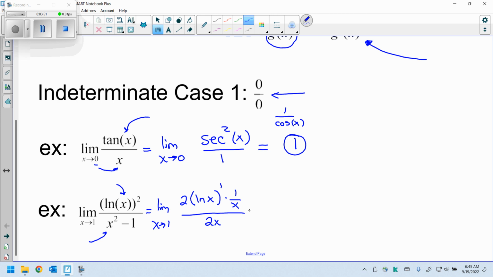Well, now let's see. That is 2 natural log of x over 2x squared.